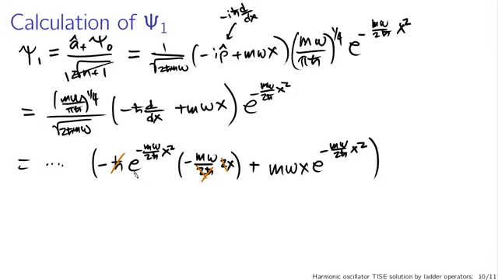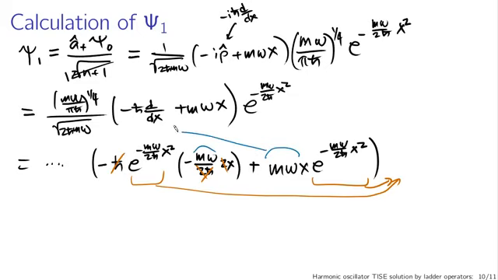So that's our result. We have an e to the minus m omega over 2 h bar x squared in both of these terms, so I'm going to pull that out to the right. And if I pull my constants out to the left, I have an m omega and an m omega in both of these terms, so I can factor that out.